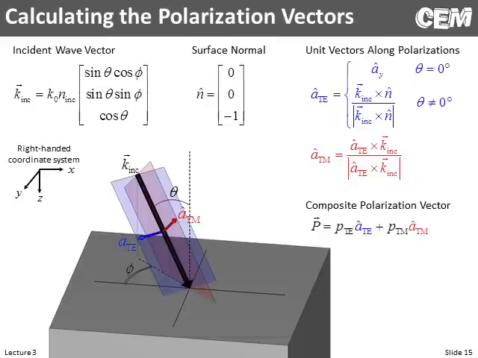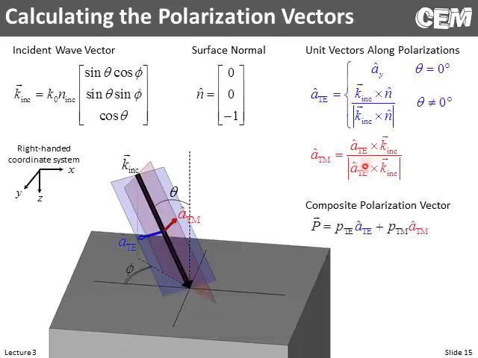Once you have that, we've calculated a unit vector this way, and we know our k vector. We can take the cross product again to calculate a unit vector in the TM direction. So that's this cross product. Of course, we divide by the magnitude, so we get a unit vector out again. These cross products are being polluted by the magnitude of the k vectors, and we just want to throw that out.